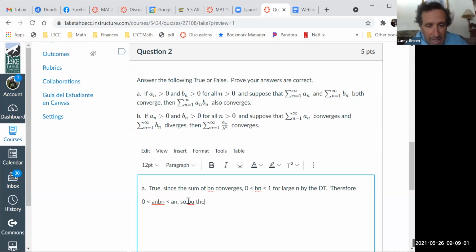So by the direct comparison test, the sum of An Bn converges. Any questions on part A?